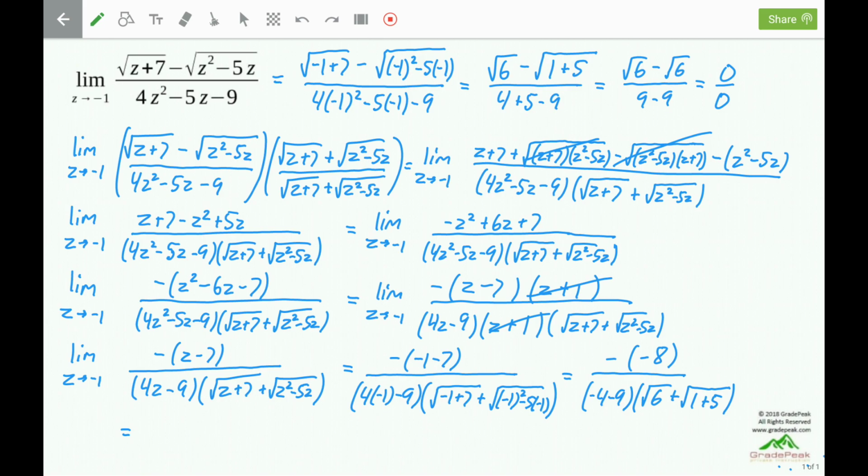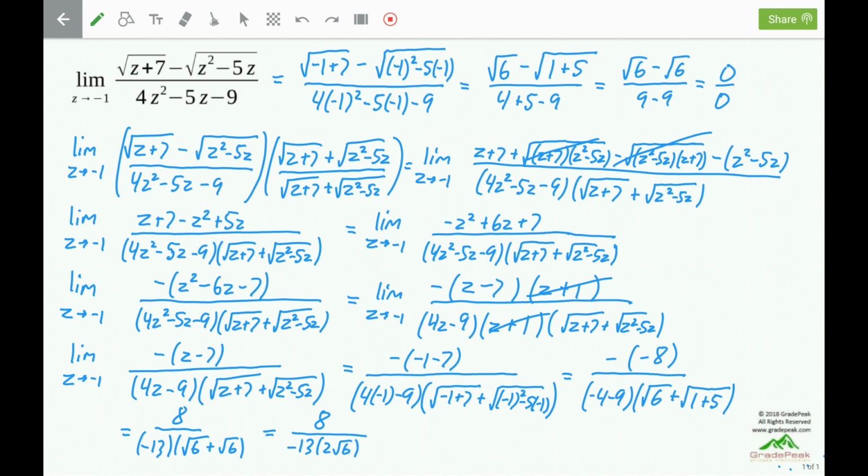So we're getting in the numerator, double negative, so positive 8. In the denominator, negative 4 minus 9 is a negative 13. And that'll be multiplying root 6 plus root 6. So we have an 8 divided by negative 13 times 2 root 6.